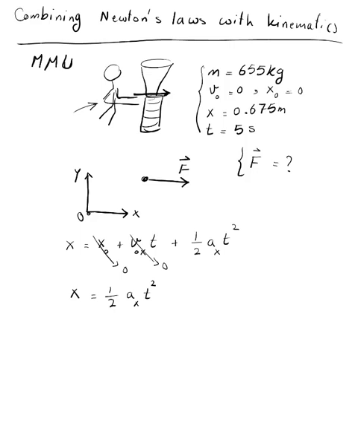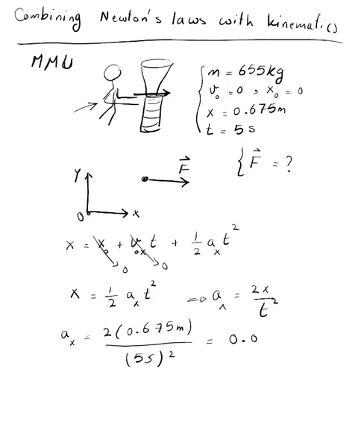From here I can find the acceleration to be 2x divided by t squared, meaning the acceleration is going to be 2 times 0.675 meters divided by 5 seconds squared. So this means that the acceleration is going to be 0.0540 meters per second squared. Okay, so this is my a.